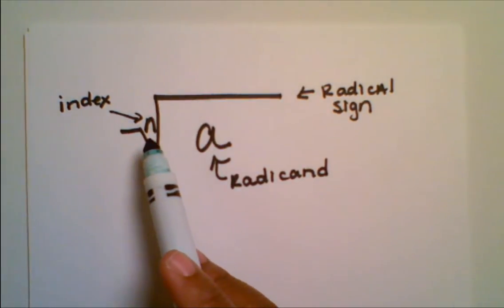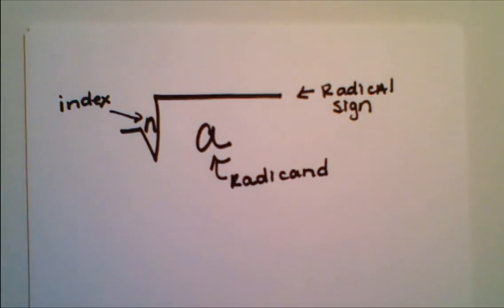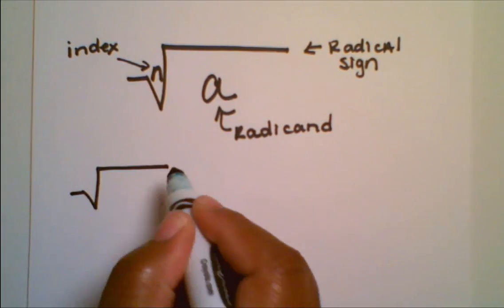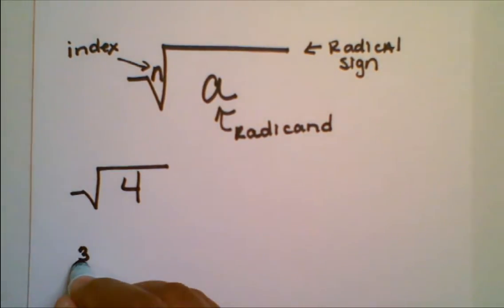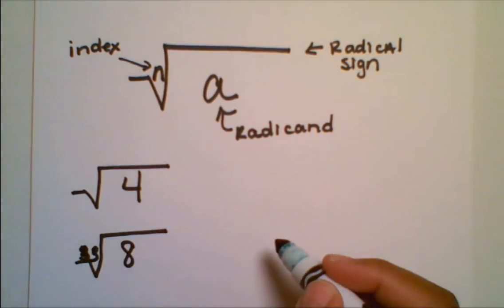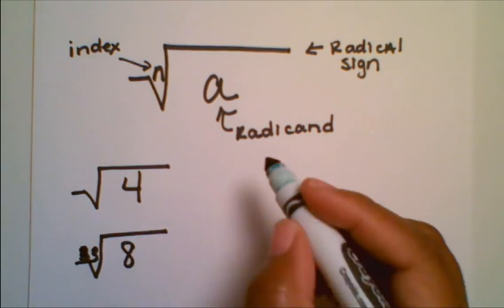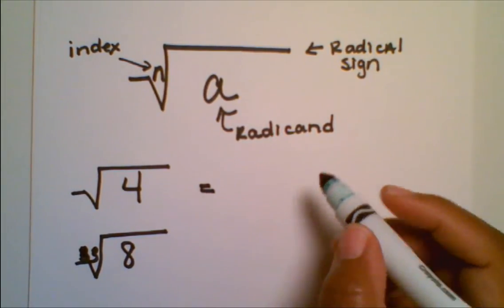So we're going to talk about different types of indices when they are shown other than the square root of 2. Here we have the square root of 4, and here we have the cube root of 8. The index of each indicates the degree.